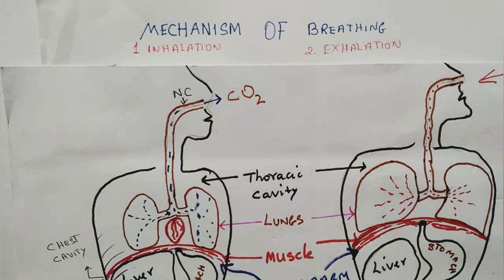Some of you might ask, what is the meaning of mechanism? Mechanism is a step-by-step manner of doing a certain thing. Like here, mechanism of breathing is the step-by-step way of doing the breathing exercise.